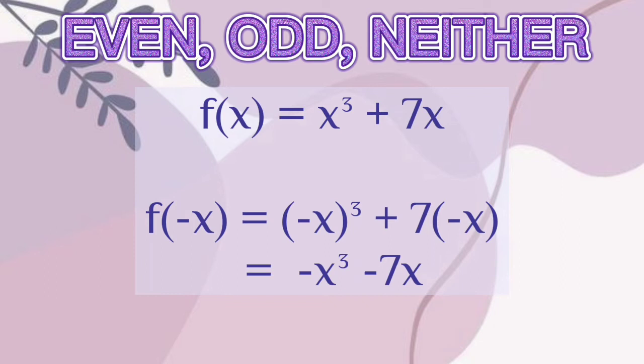As I have said earlier, positive times negative is equal to negative. So we have the final answer of negative x cubed minus 7x. As you can see, all of the signs of our expression have changed. There we have an example of an odd function.